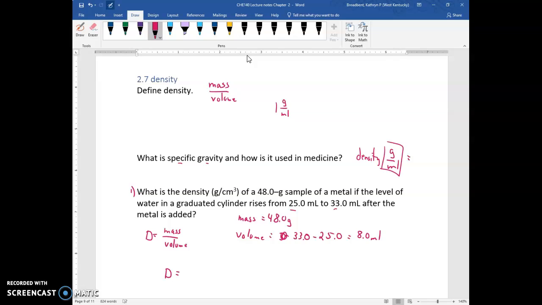The density is going to be equal to 48.0 grams divided by 8.0 milliliters. And that will give us 6.0 grams per milliliter. And those are, by the way, the units that you'll have with density. You'll have grams per milliliter.